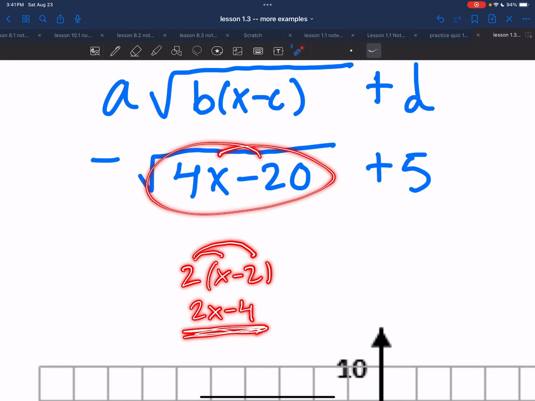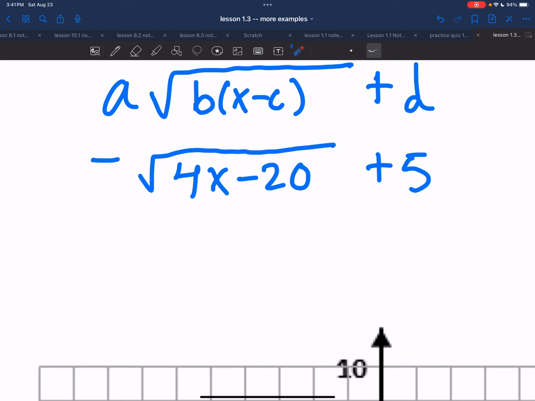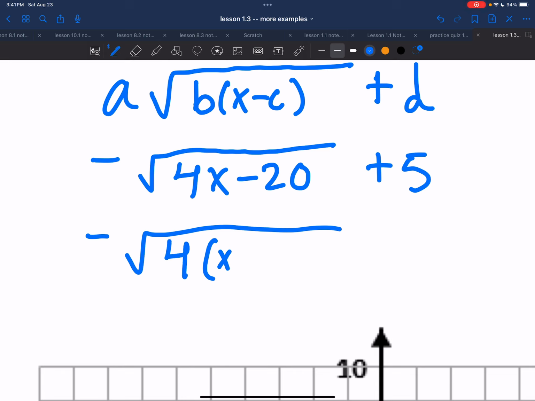I need to write it in what's called factored form, which is to say I need to pull the GCF out. So if I'm looking at this, it's negative square root. I'm sorry, I don't like that square root. Ugly. Let's try a better one. Oh, okay, that's fine. I can see that b is multiplying x, this is going to be that 4. So I know that the b value is 4, and then that would put x here.